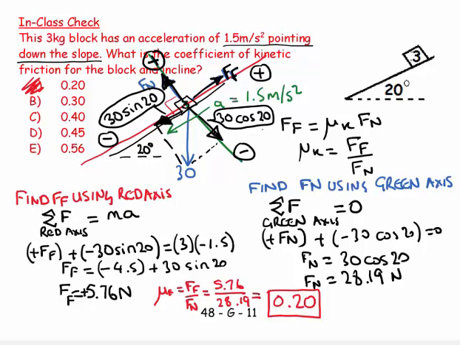And then when I went perpendicular for the green axis, because I'm at 90 degrees to the acceleration, I have no component of the acceleration, so the sum of the forces equals 0. If you like, I've got a non-equilibrium down the slope because there's the acceleration, and I've got equilibrium perpendicular to the slope.